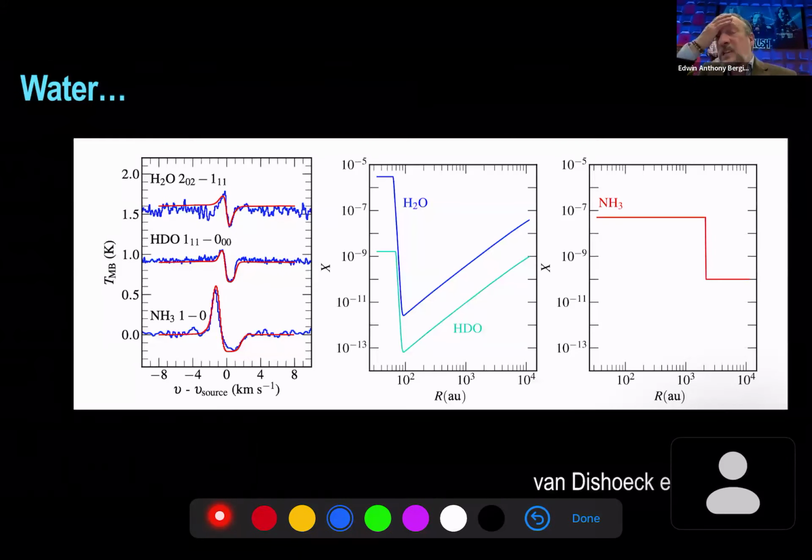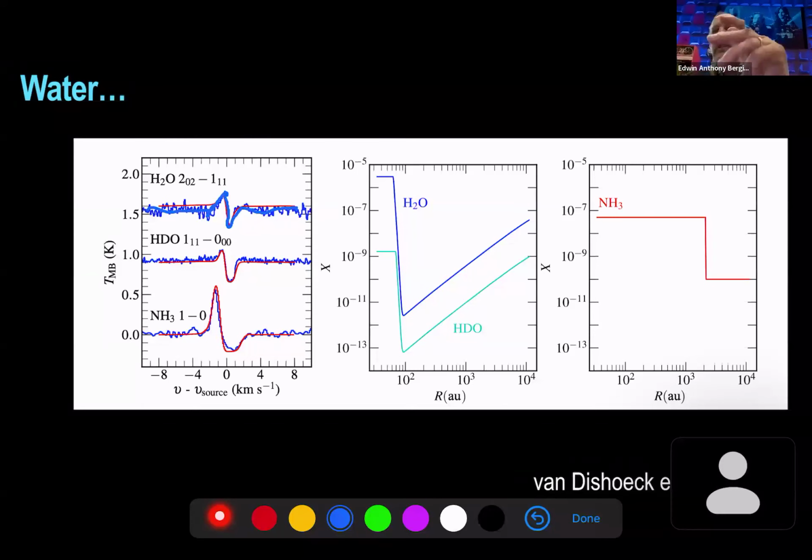The neat thing is, from the emission, you can also determine things like the line of sight structure in abundance. And this was some beautiful work done by some individuals working with Ewine van Dishoeck. And this is a spectrum. And from the spectrum, we see emission. And then this is an absorption feature.